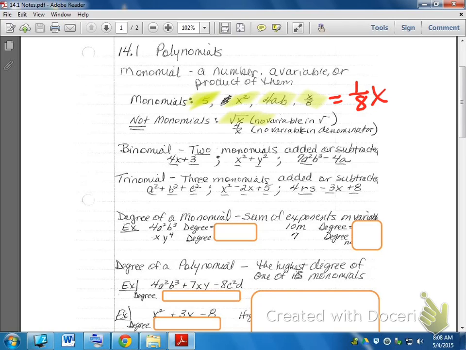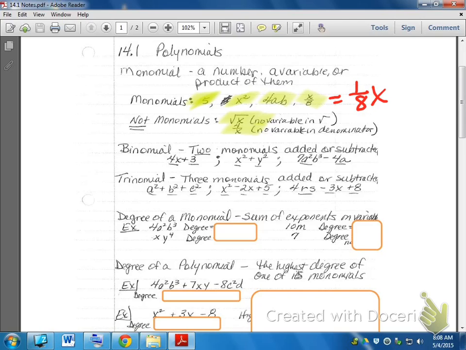Therefore, it's not a polynomial. Also, you cannot have a variable in a denominator. That eliminates it from being a monomial. Those are the two big things. If you see either one of those, it's not a monomial, so in other words, it's not a polynomial either.